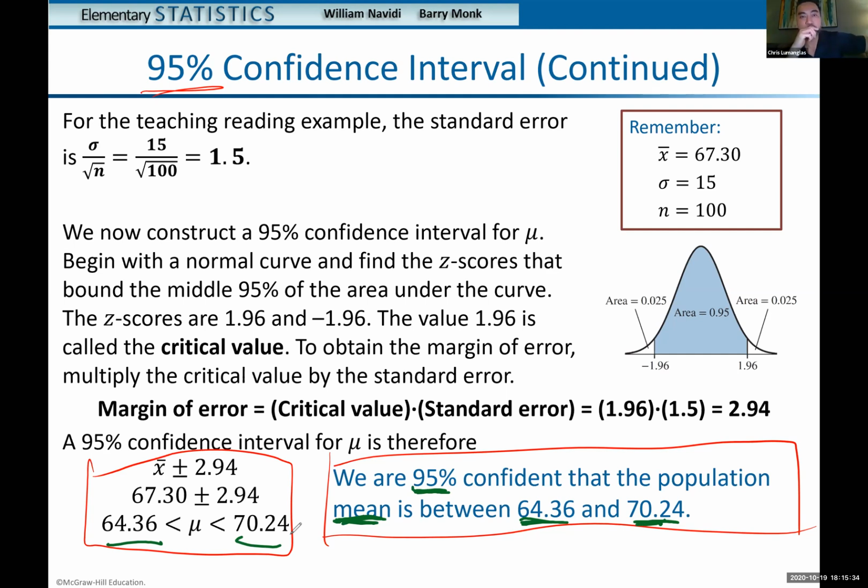Any questions? Is the percentage based on the area? Oh, it's the confidence level. 95% is going to be given, and I'll explain more about it later.